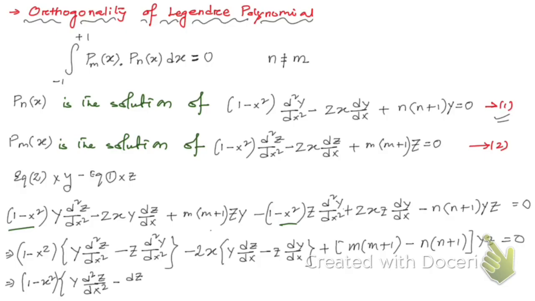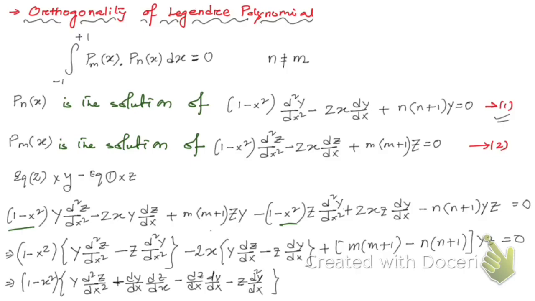Here what we're going to do, let me write dy dx, dz dx, then plus, sorry, here minus, then dz by dx, then dy by dx, minus z times the second order derivative of y with respect to x.